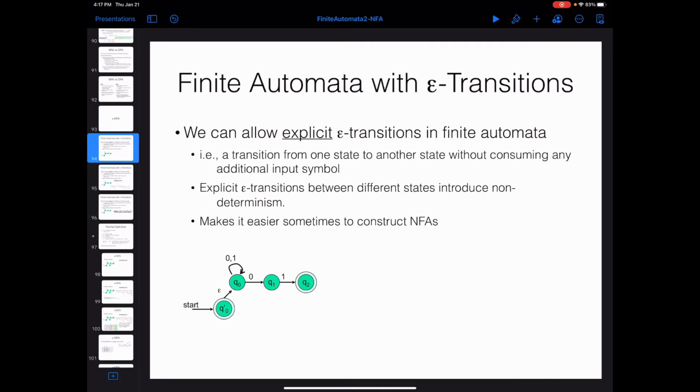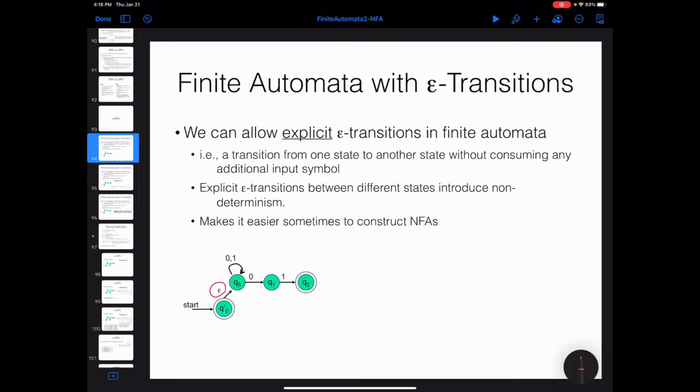If you look at this finite state automaton here, you can see that we have a transition from Q0 prime to Q0 which is labeled with epsilon. Having an epsilon transition between two states, from Q0 prime to Q0, just basically means that you are not using anything from the input. You can just not touch the input, and using this transition move from Q0 prime to Q0.